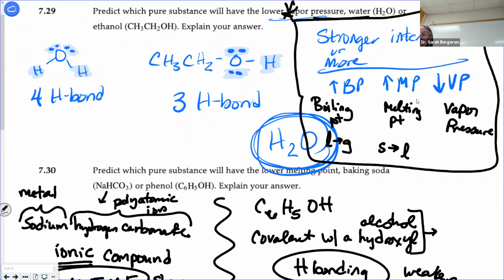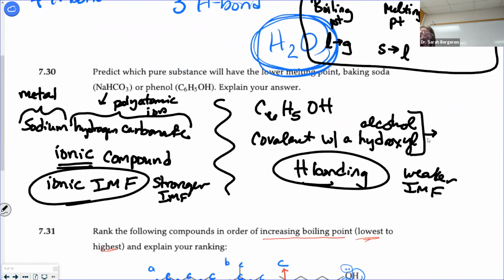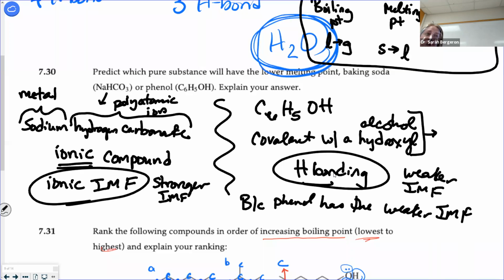I'm looking for high melting point or low melting point? Low. So if I'm looking for a low melting point, I need a weak interaction. So which one's the weaker? It's my phenol. So my phenol, because phenol has the weaker intermolecular force, it has a lower melting point.